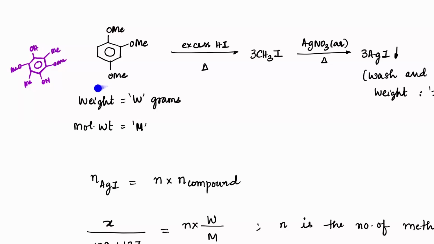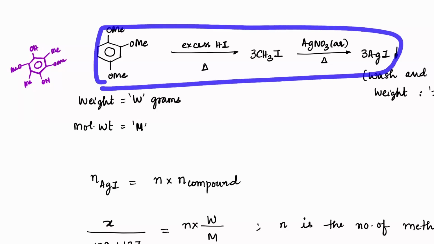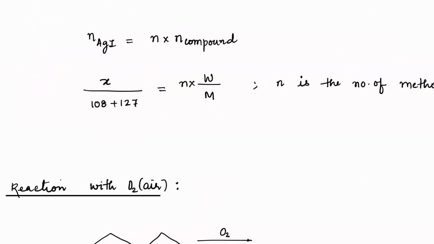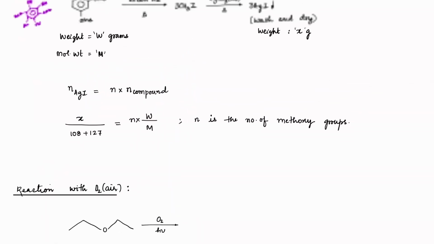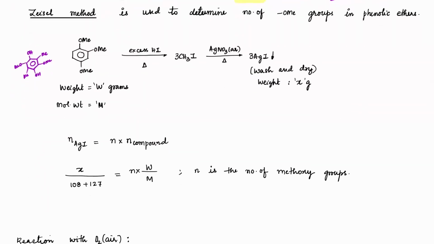That can only be determined using Zeisel's method. So using this formula, we can always calculate the value of N. X, W, and M will be given to us. So easy. A lot of times these questions have been asked. You simply put the values given and identify how many methoxy groups we have.